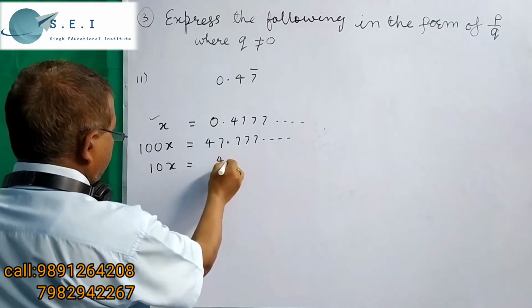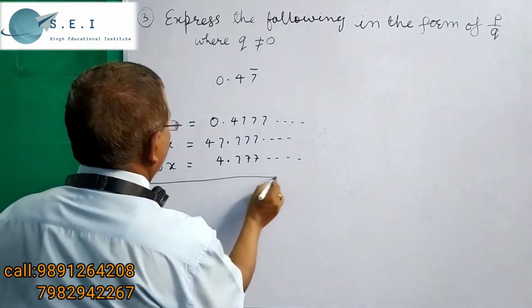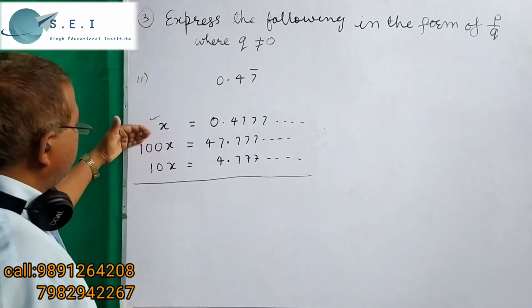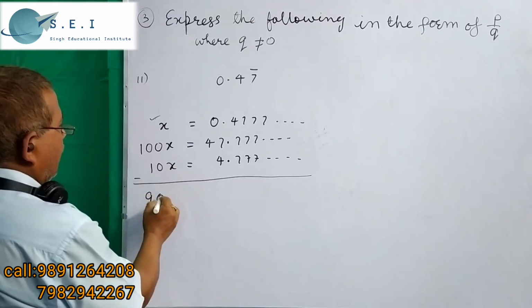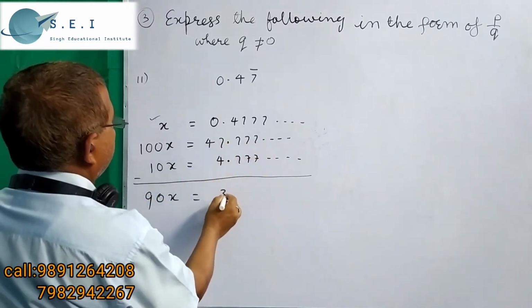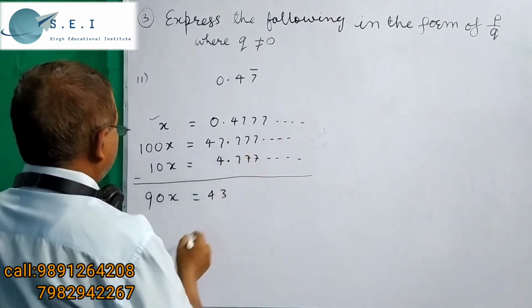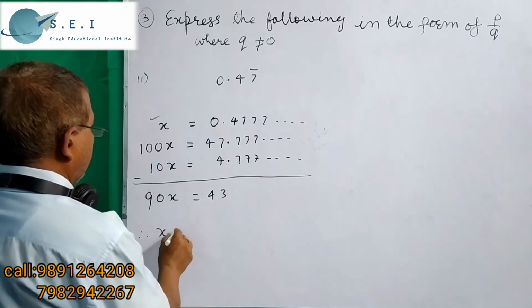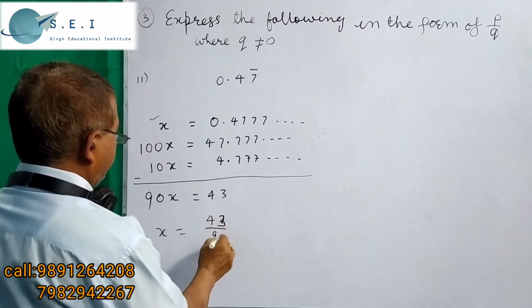This gives 10x equal to 4.777 and so on. Subtract 10x from 100x, it is 90x, and it is equal to 47 minus 4, which is 43, and the remaining part is cancelled out. So x is equal to 43 upon 90 is the answer.